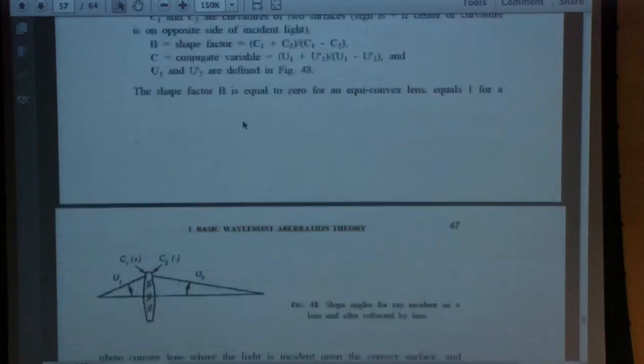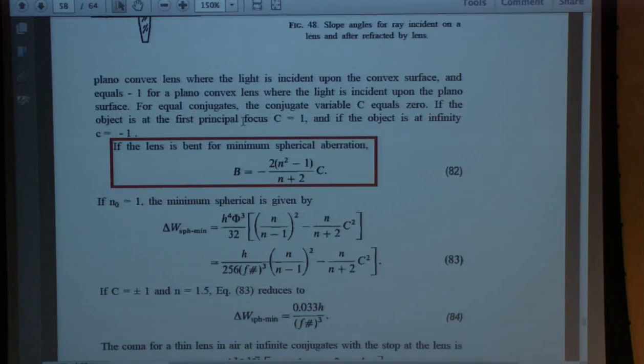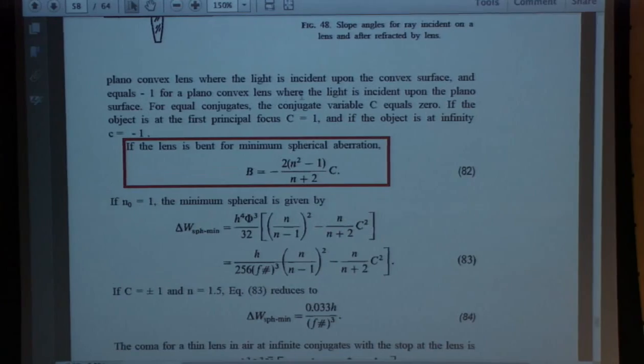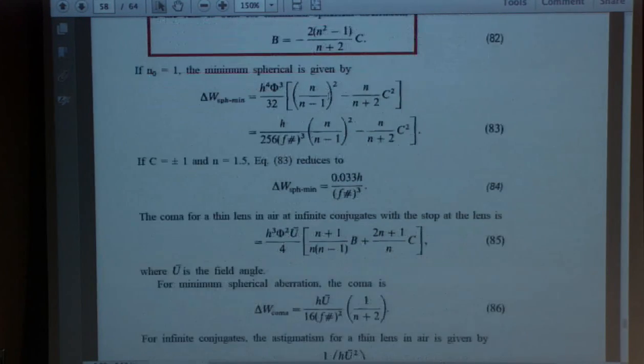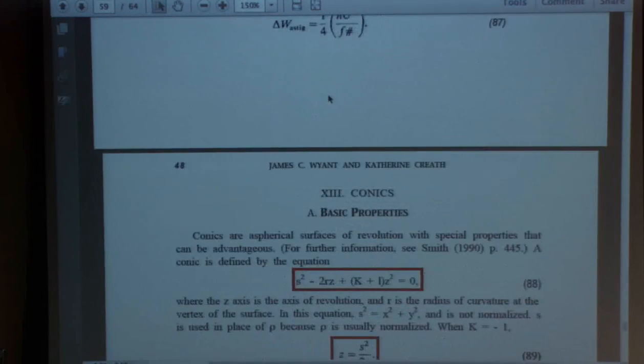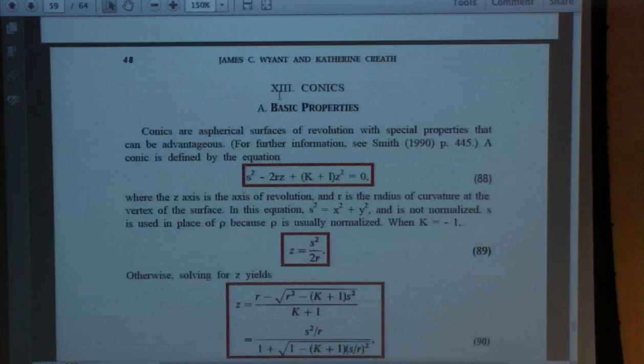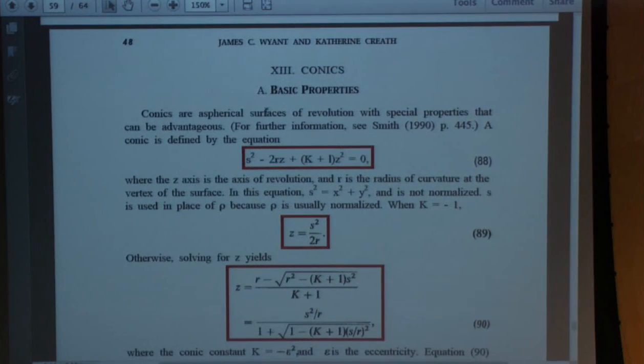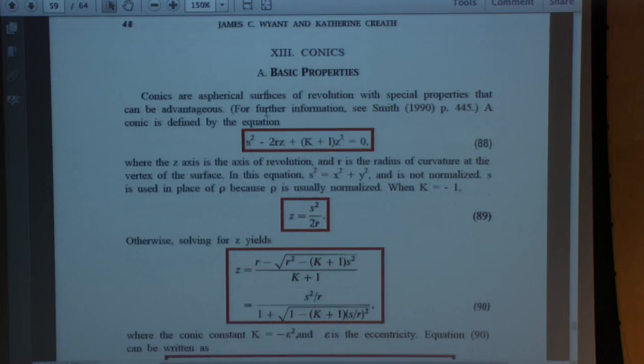That will drop out of this equation if you want to do that. And actually this gives you how you should bend it to minimize the spherical. But I remember when I first became a graduate student, I thought it didn't matter which way you put the lens in, but it makes a big difference.